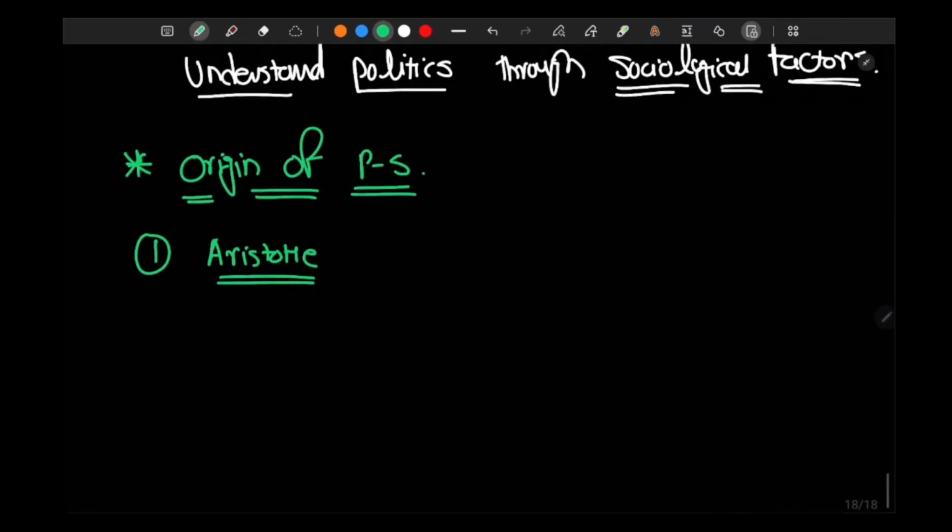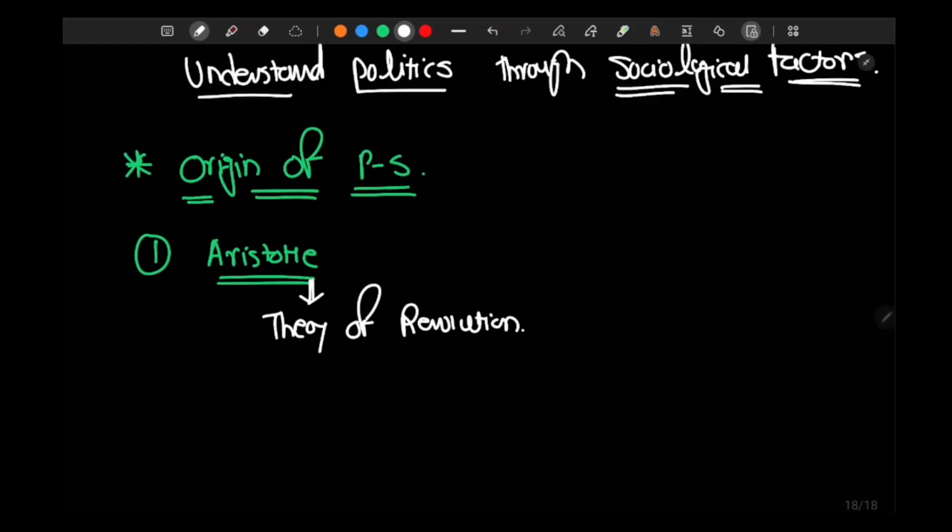Aristotle used political sociology in his analysis through his theory of revolution: how a particular political system holds up in a particular situation, which social factors are going to be in the political sphere, who will be masters, who will be slaves, and how they will influence the political system.